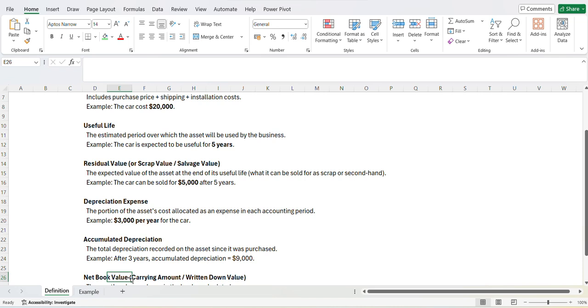For instance, if you are in year 4, the asset was bought for 100,000 and its annual depreciation is 25,000. So at the end of year 3, we will have depreciated by 75,000 and the cost of that asset is 100,000.